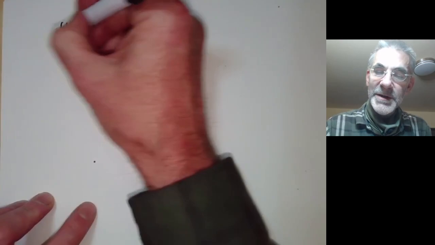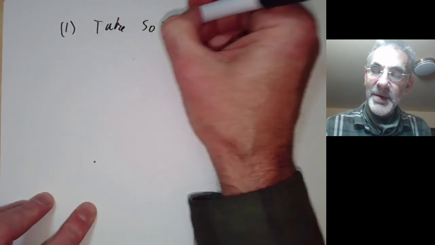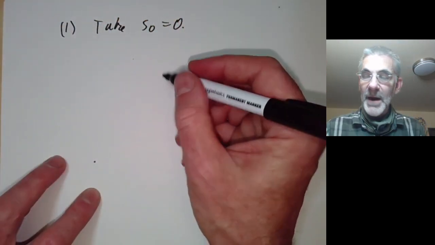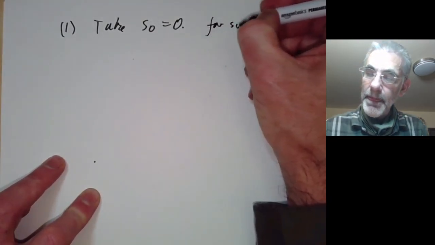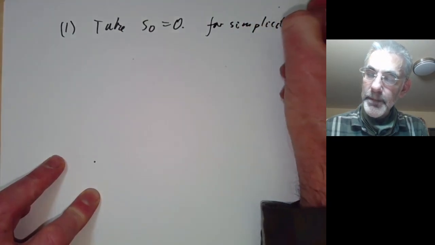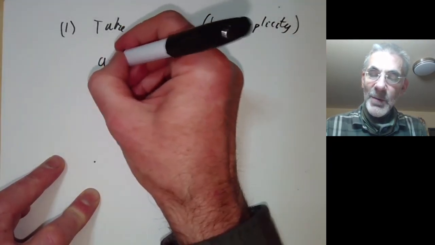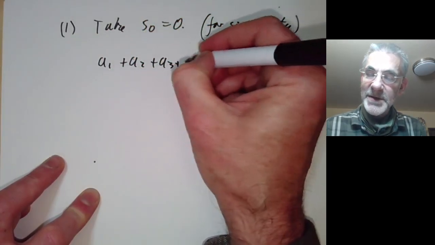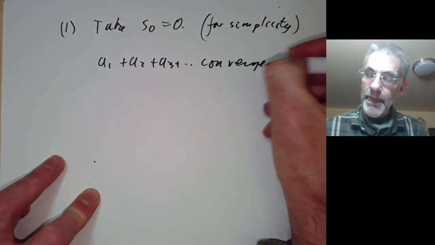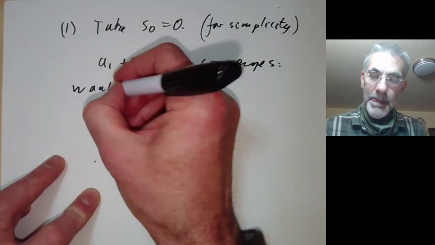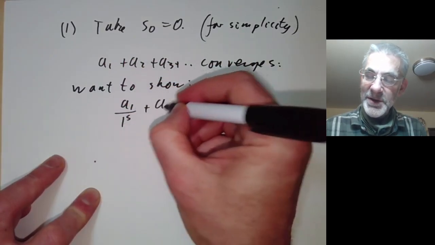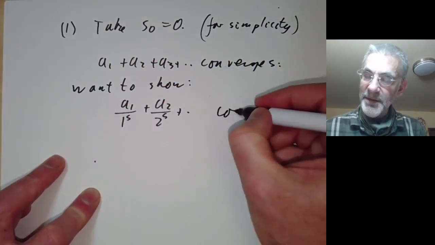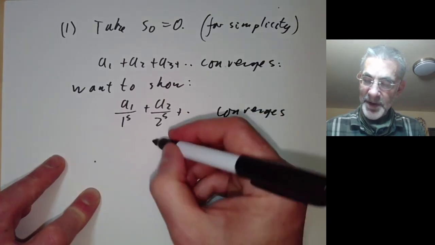So first of all, we're going to make a simplification. We're just going to take s0 equals 0 for simplicity, and you can reduce to this case just by changing variable. So what we know is that a1 plus a2 plus a3 and so on converges. And we want to show that a1 over 1 to the s plus a2 over 2 to the s and so on converges in the following region.